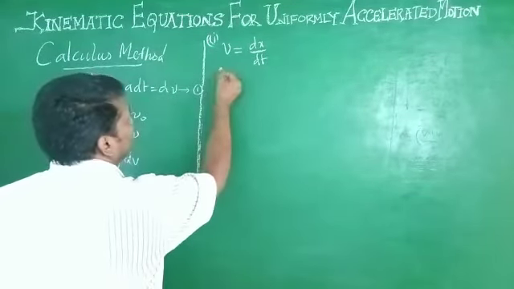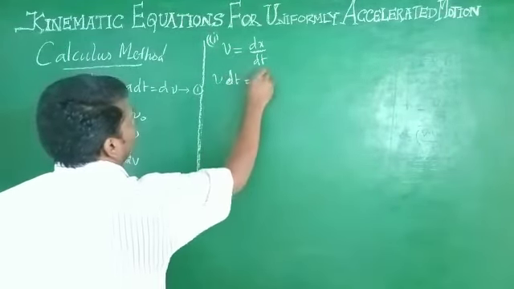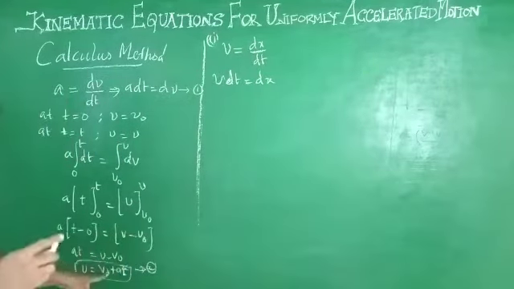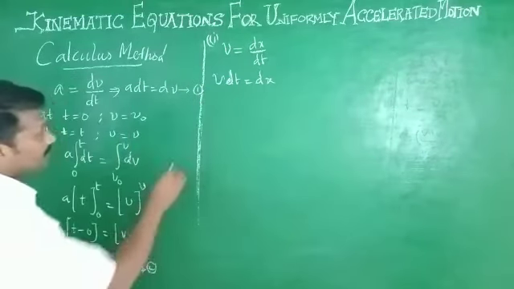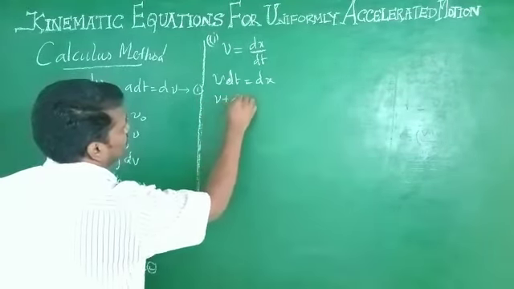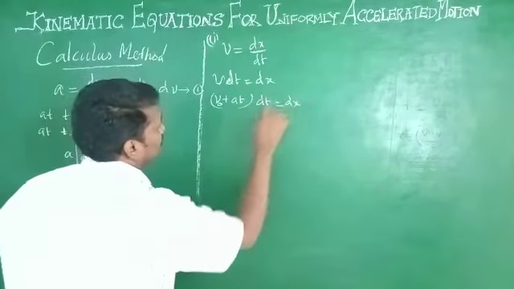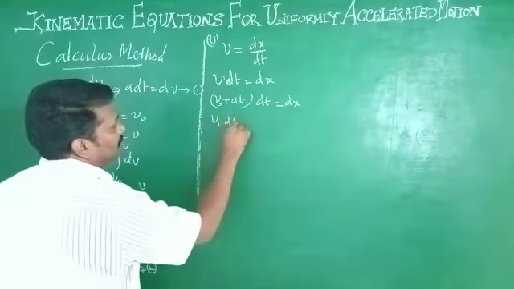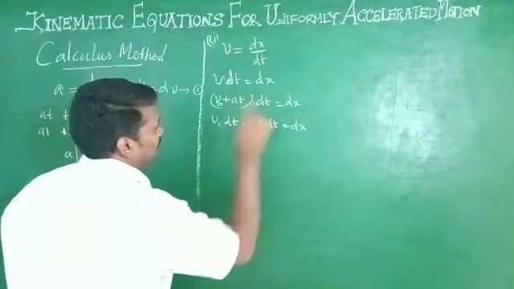So it may be written as v dt equal to dx. Substitute the value of v from the equation above. Since v equals v naught plus at, we get (v naught plus at) dt equal to dx, so v naught dt plus at dt equal to dx.